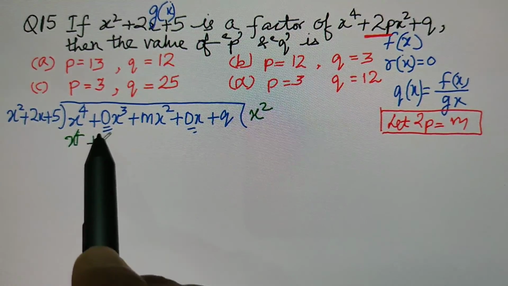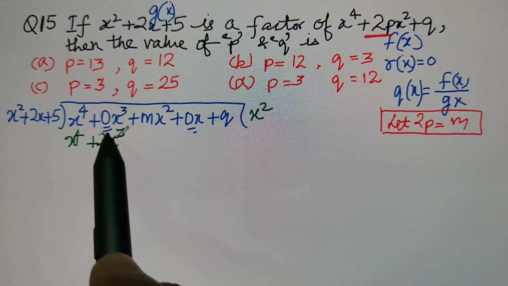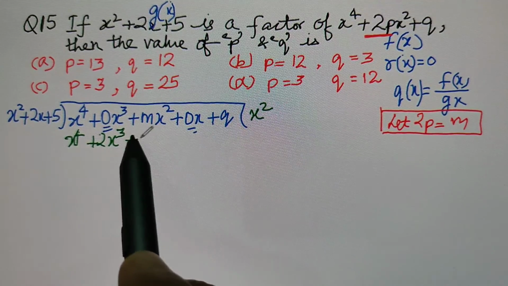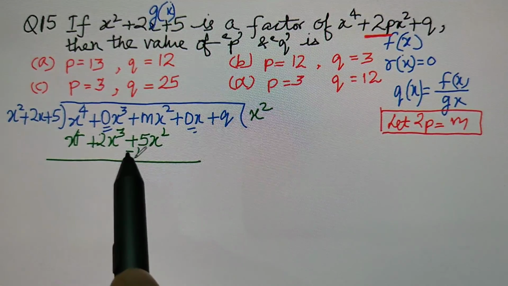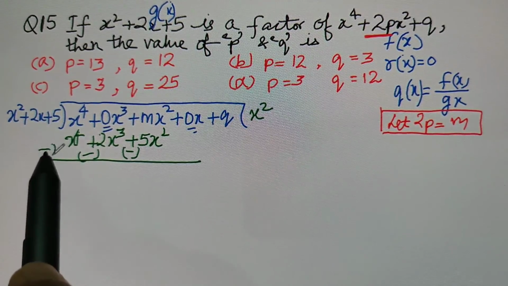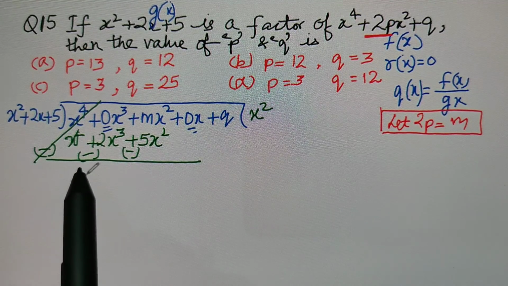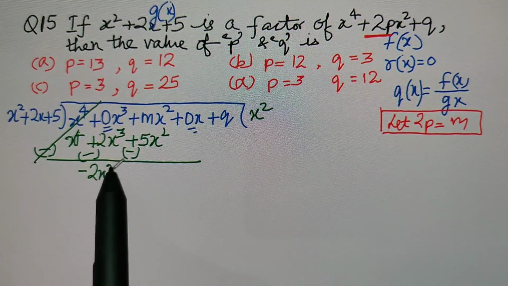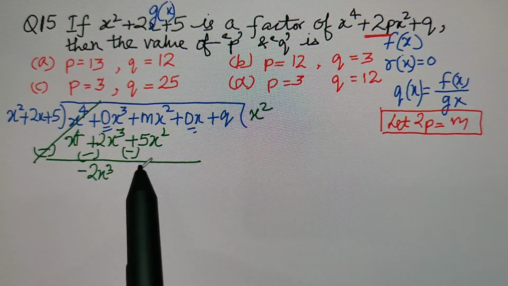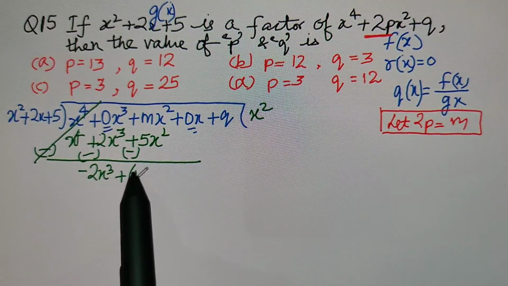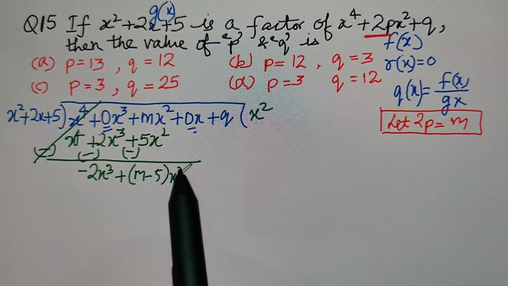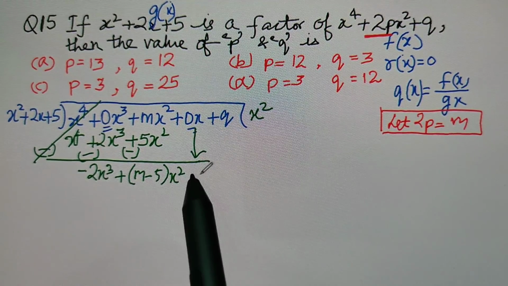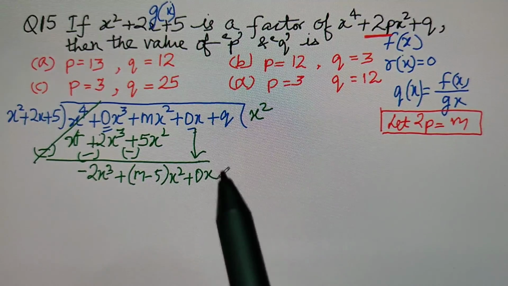Then I get plus 2x cube and then 5x square. Okay, we'll change the signs, so this gets cancelled. So I get minus 2x cube, taking x square common, I get minus 5x square. Take this thing down, so 0x.